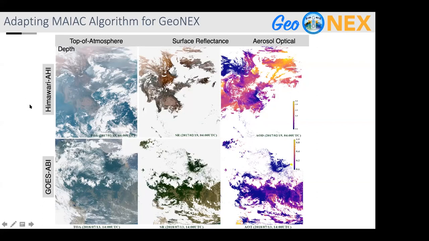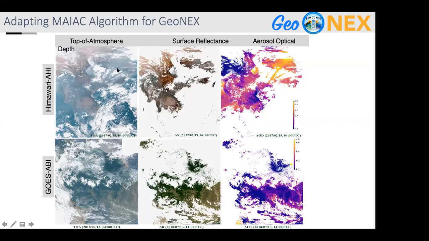It was developed for MODIS. Now we're adapting this algorithm for GOES and also Himawari, basically geostationary, and we're trying to see how much we can improve, or at least achieve the same results as MODIS. I think we can improve. That's my belief.